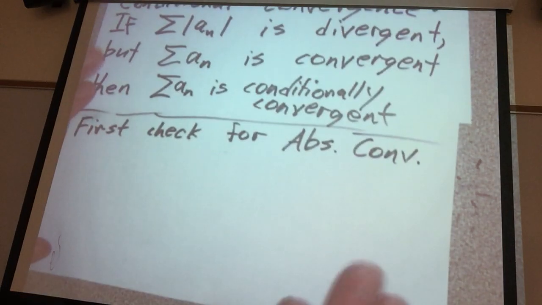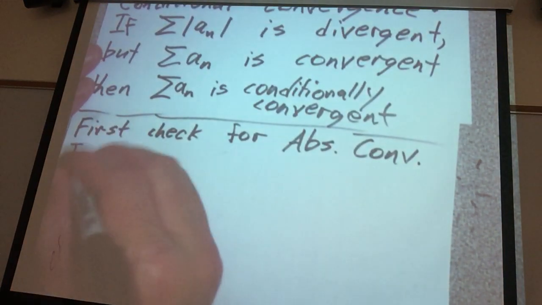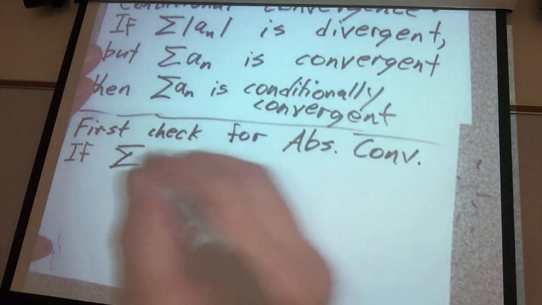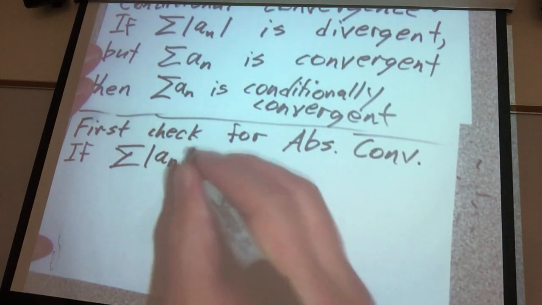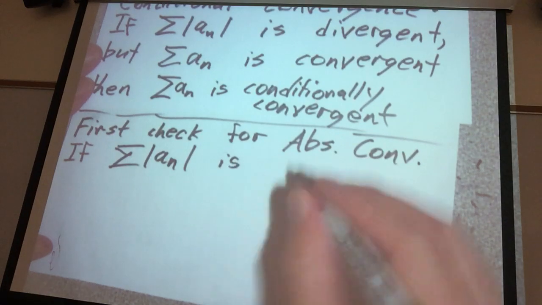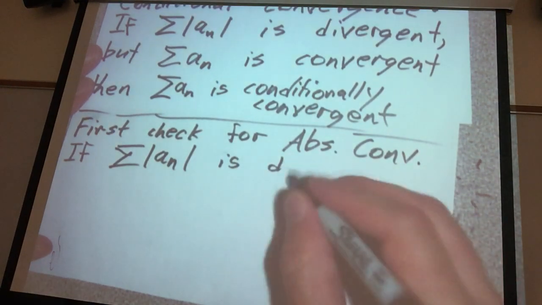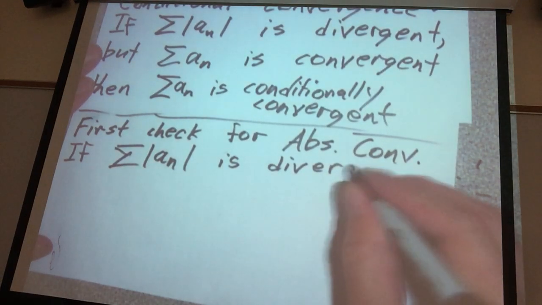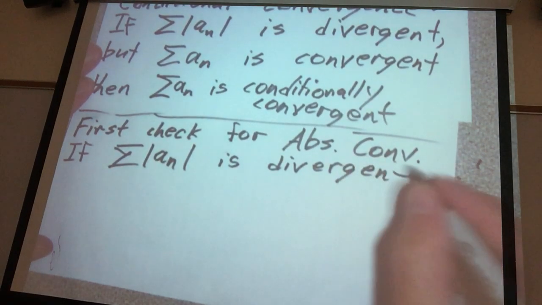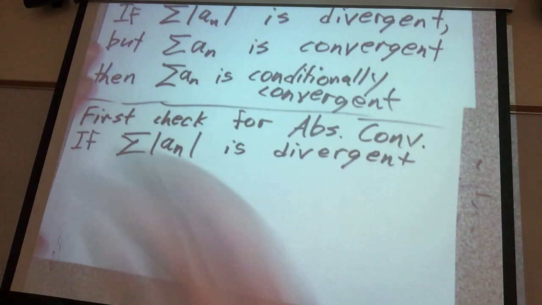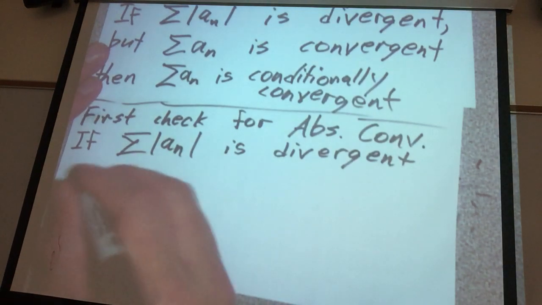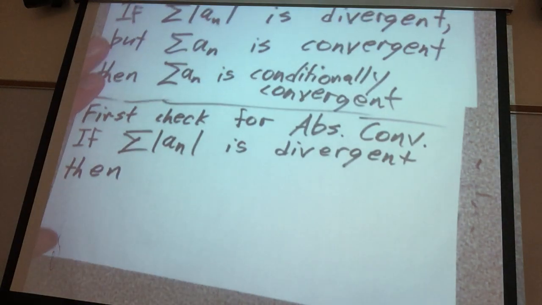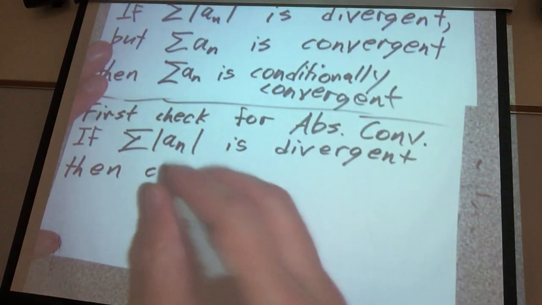Okay, but if the sum of the absolute values of A sub n is divergent, then what you're going to do is check for conditional convergence.